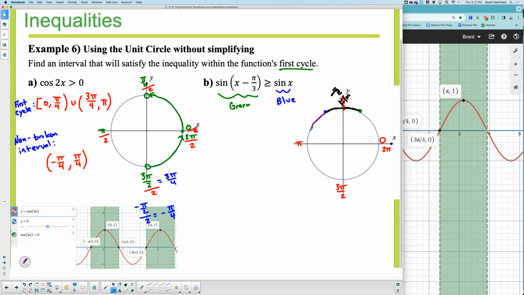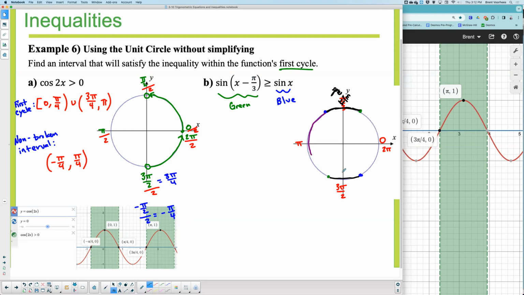And as we go around, you can see the blue is going to be falling first. So the green will be higher, and it'll be true all the way up until we get to the same idea going on this side, when we have the blue over here at this pi over 3 and the green over here at this. This is when they will finally catch up and green will start to trail behind again. Again, these are pi over 3 apart.